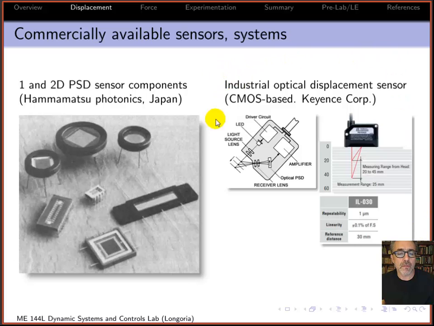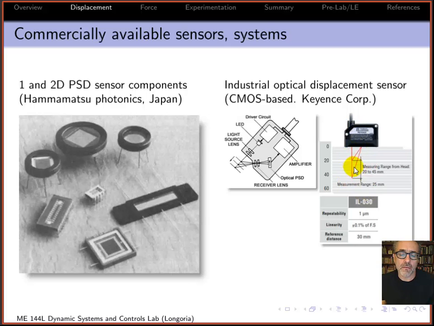Actually the one that we use in the lab is one made by Keyence, and you can see the sensor head for this device uses this triangulation method, and the actual PSD is mounted inside this head, so you don't see any of that. And this is actually extracted from their specification page. You can see that it's this device that we have.